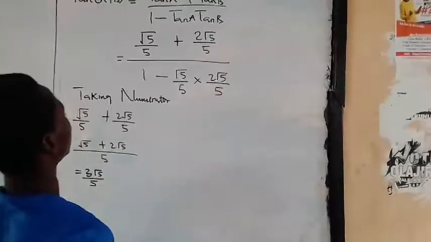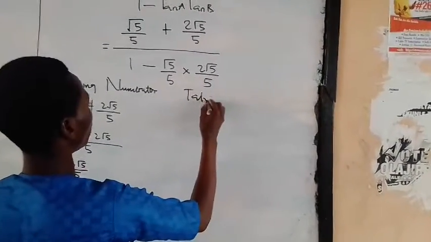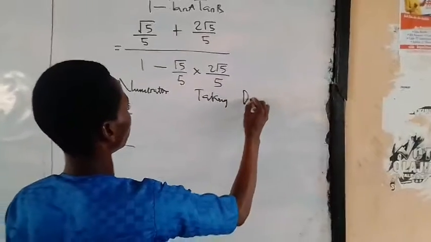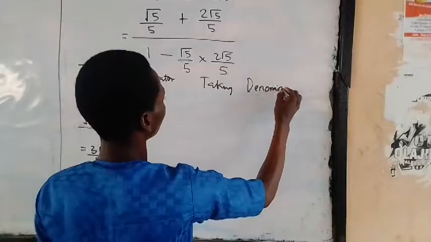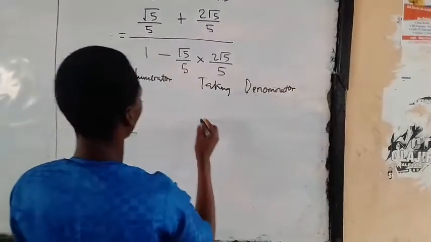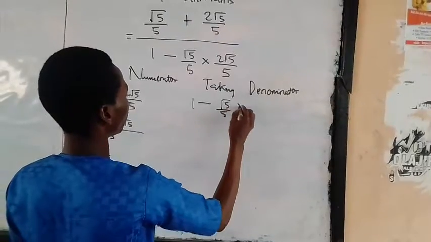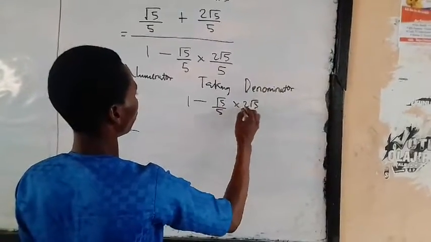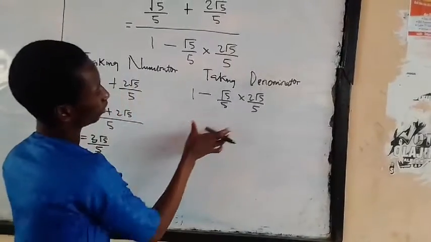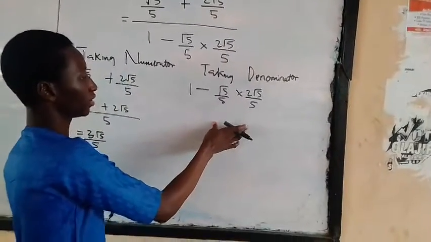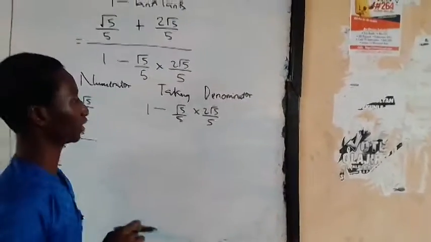Then we solve our denominator. Taking the denominator, 1 minus root 5 all over 5 times 2 root 5 all over 5. According to the law of BODMAS, you solve the multiplication first before you subtract.